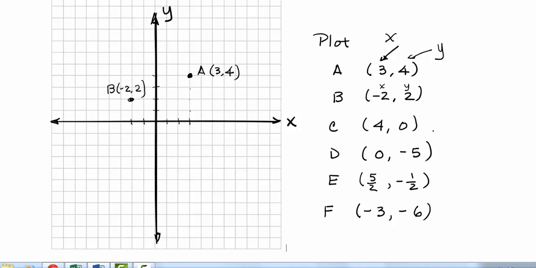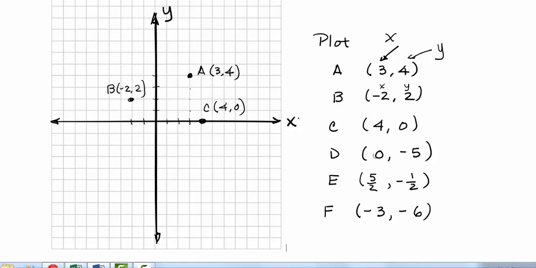My point C says I move 4 in my x direction, 1, 2, 3, 4, but I don't move anywhere in my y direction. So here I'm just on my x-axis. So that point is C, which is (4, 0). D says I don't move anywhere on my x-axis.